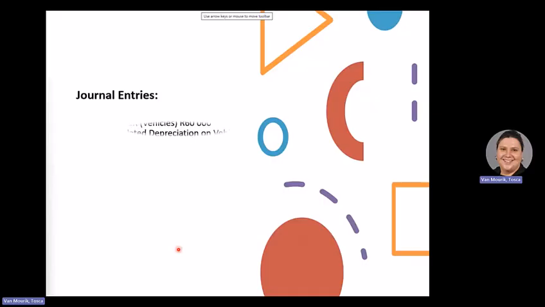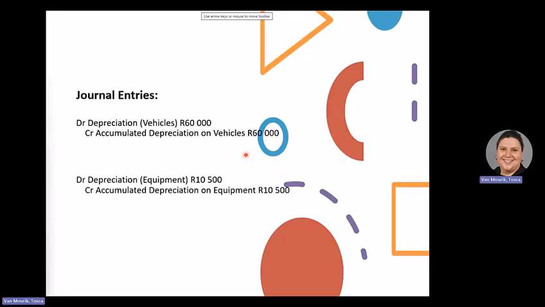For the vehicle, we will debit depreciation for 60,000, credit accumulated depreciation for 60,000. For the equipment, exactly the same. We will debit depreciation for 10.5, credit accumulated depreciation for 10.5.